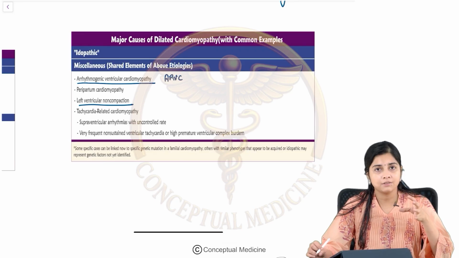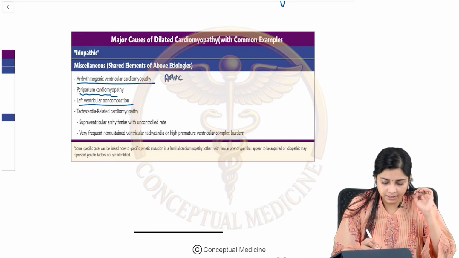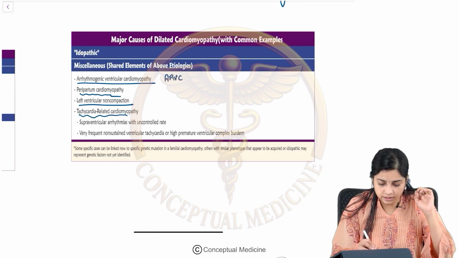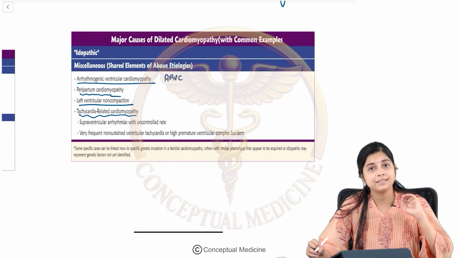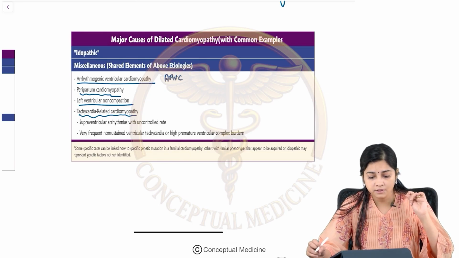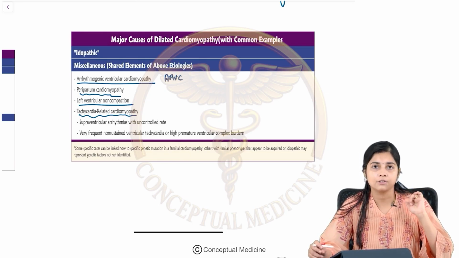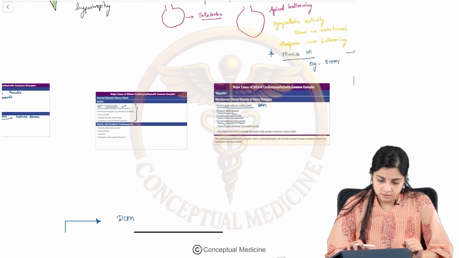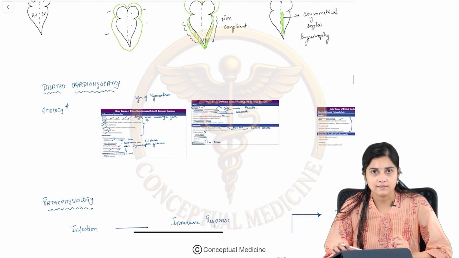In your left ventricular non-compaction, there is a problem with the left ventricle. Then we have the peripartum cardiomyopathy, tachycardia-related cardiomyopathies. So these are some of the miscellaneous and idiopathic causes of dilated cardiomyopathy. Okay. So we have looked at all the various etiologies of DCM.